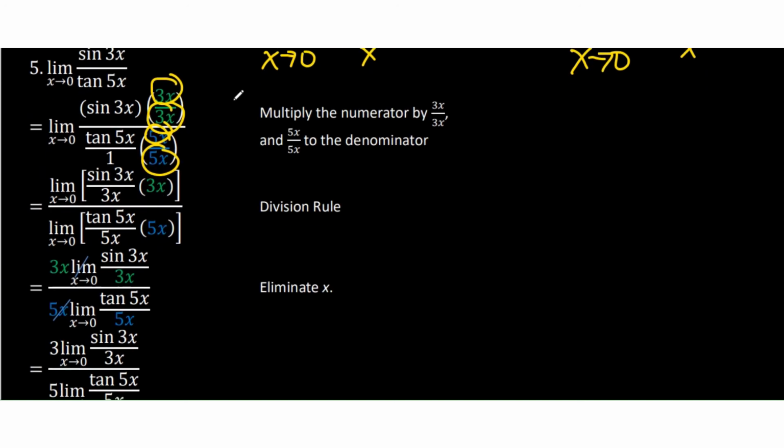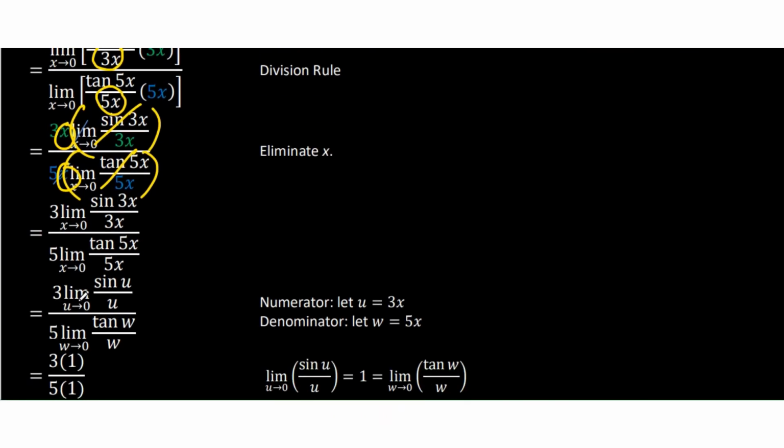So that we can now have 3x on the numerator, 5x on the denominator. This is already 1. This is also 1. But x and x here can now be removed, no? We can eliminate them. So what is left? So we have 3/5 here.